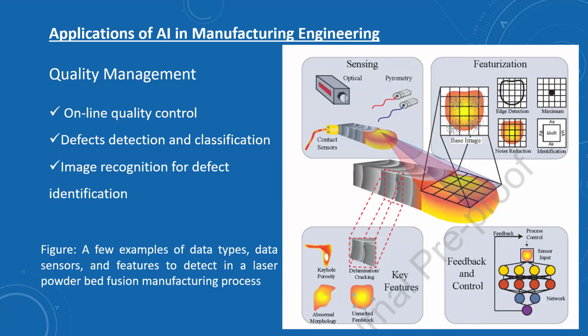If there are some defects, those defects can also be detected, and they are classified according to the different types of defects available. For defect identification, we usually need to go to a microscopic level. We cannot directly detect most of the defects with the naked eye.